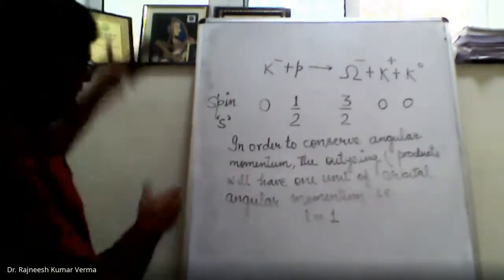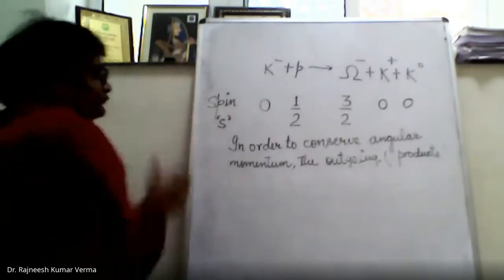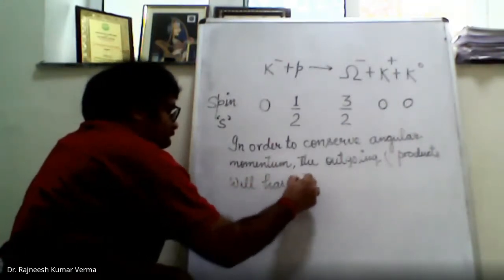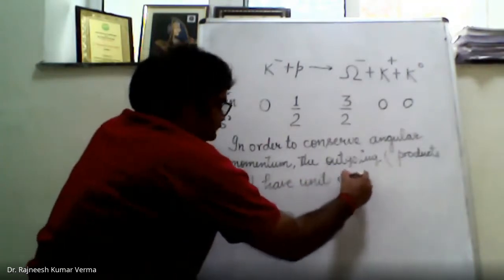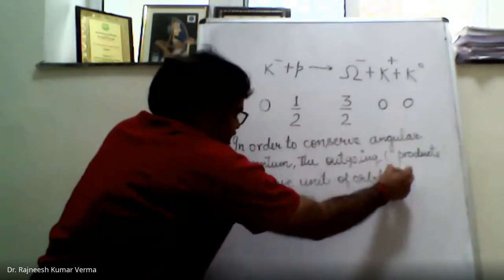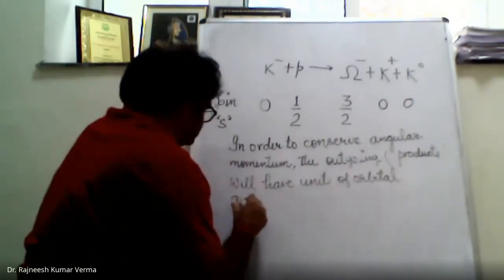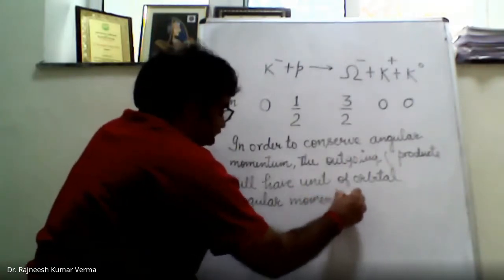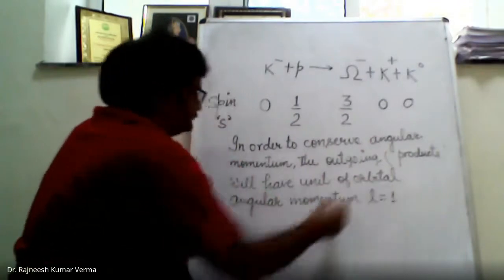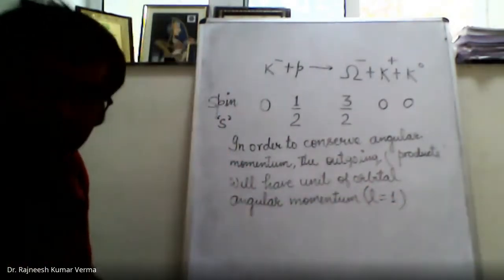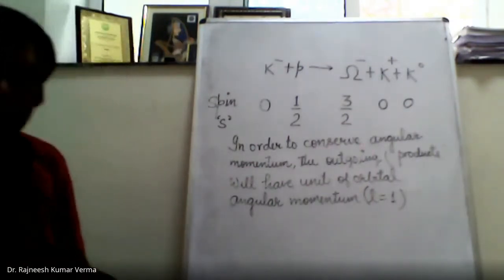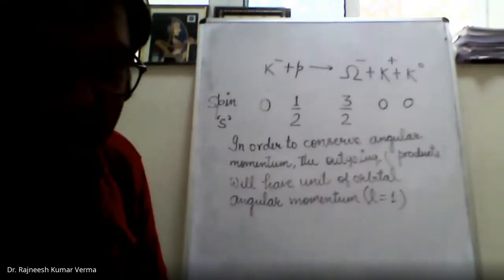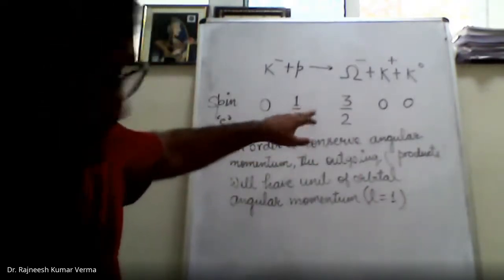I have changed this pen. See here, in order to conserve the angular momentum, you can see the outgoing particles or the products have only this 3/2 value of spin here.